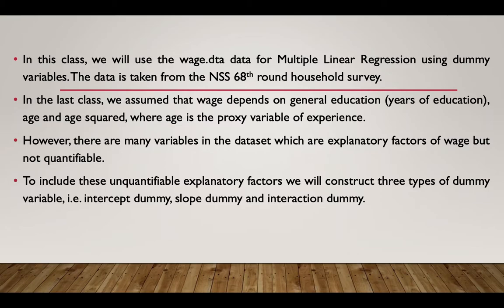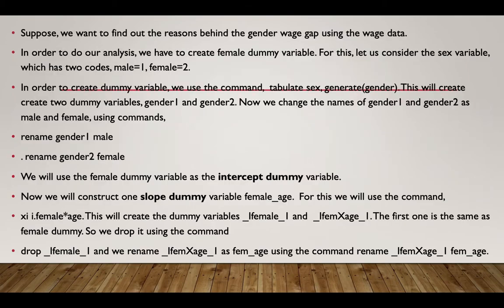And we had also age and age squared, where age was the proxy variable of experience. But there are many other variables in this data set which are explanatory factors of wage, but which were qualitative, not quantifiable. So, to include these qualitative explanatory factors, we will construct three types of dummy variables: intercept dummy, slope dummy and interaction dummy.